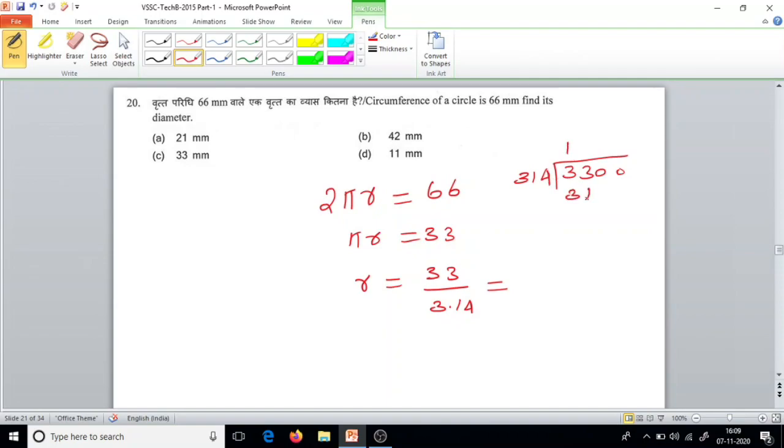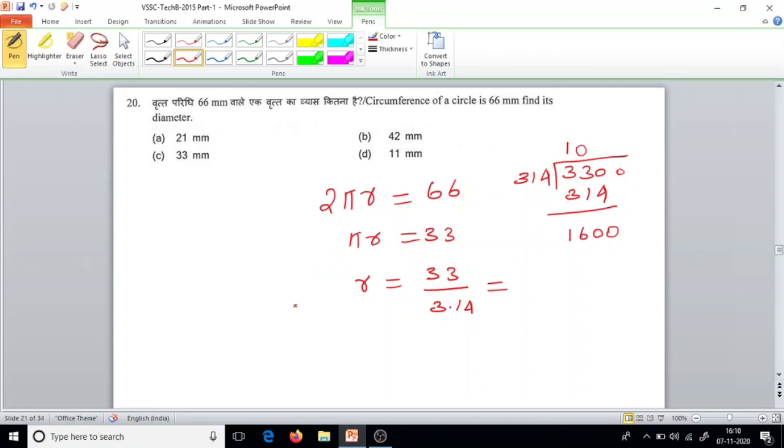One time that is 314, 160. That's going wrong.